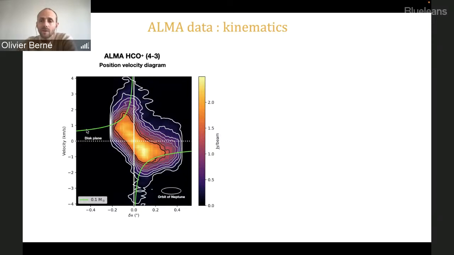You can use that to determine the mass of the central star. And when you do that, what you find is that the mass of the central star is typically 0.1 solar mass. It can be a little bit more, but really it's a low-mass star inside this protoplanetary disk. We cannot see the star, but with these kinematics, we can determine its mass.